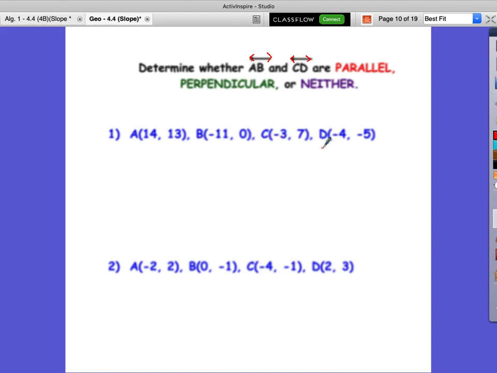Would we have to find the slope of both of those? Yes. How could we find the slope of line AB? By using points A and B. Points A and B have to be on line AB. What points have to be on line CD? C and D. So we can find the slope between A and B, find the slope between C and D, and compare. Somebody help me set up finding the slope of line AB.